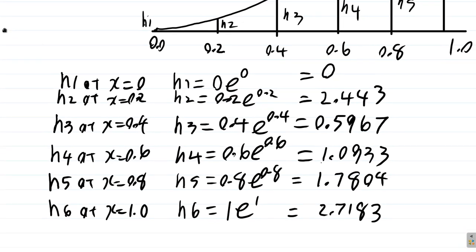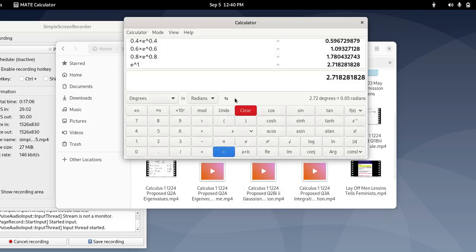Alright. Well, we could write the 0 as 0.0000. We had 2.443 here. Alright, let's just put everything to 4 decimal places. The 0.2 e to the 0.2 was what again?